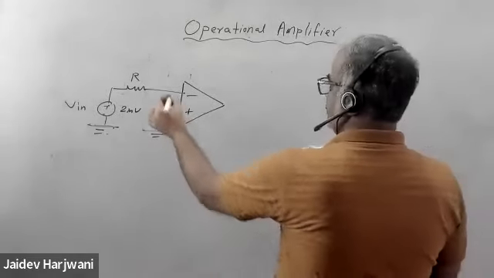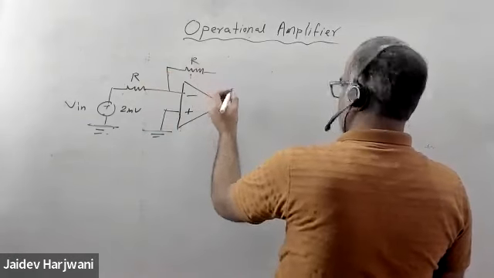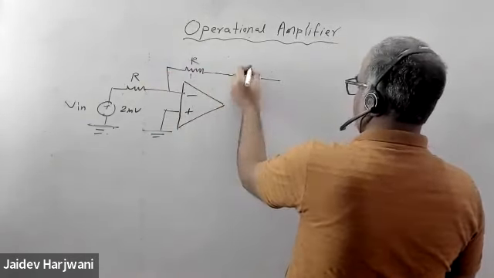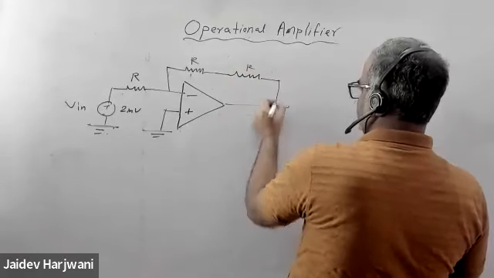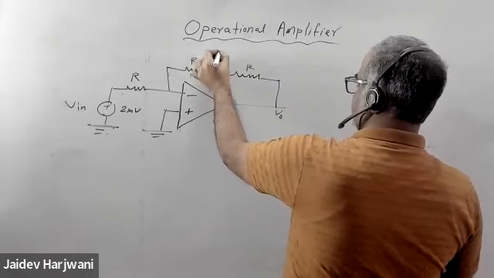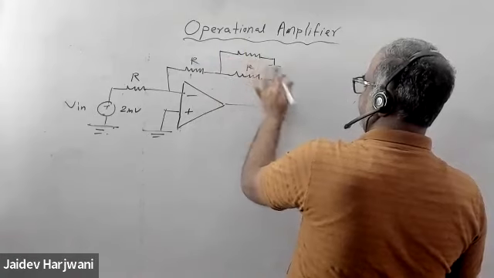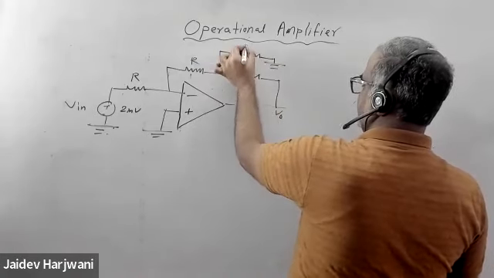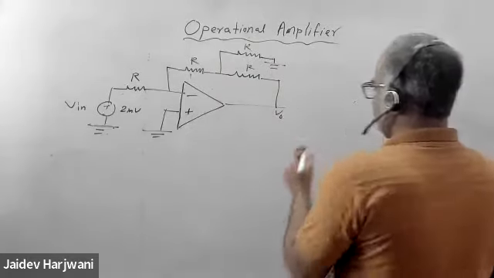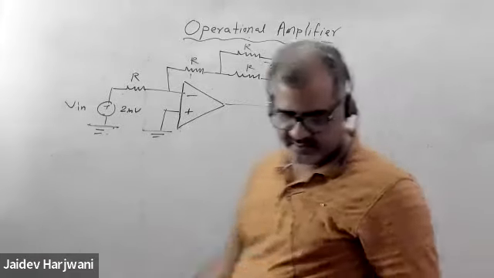Here they have given one resistance, say R, and here one more resistance R. This is connected to V0, and here one more resistance R that is grounded. It says find V0. Calculate V0.